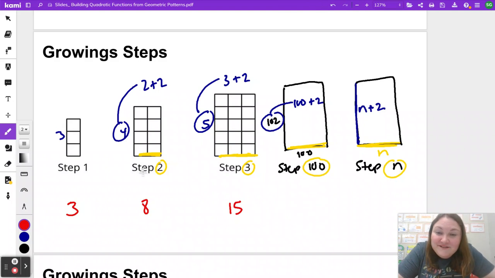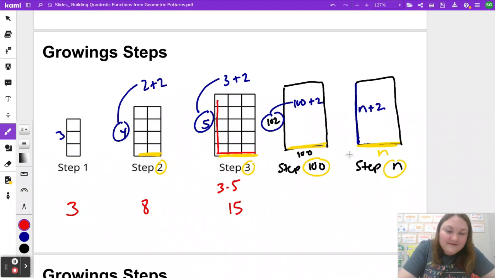Well, for me, when I was finding these earlier ones, I was going back to what we did in the warm-up, which was area. I was taking 3 times 5 to get to my 15. So if you asked me how many were in step 100, I would be doing 100, my width, times 102, my height.